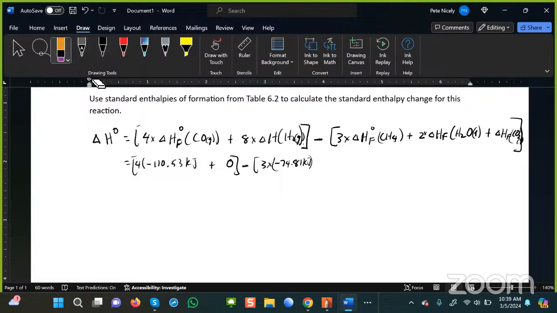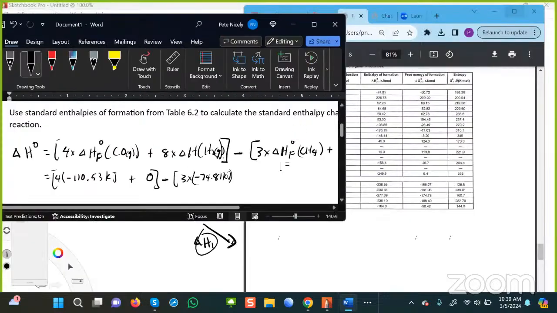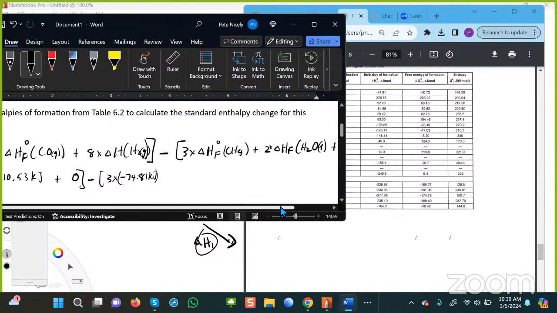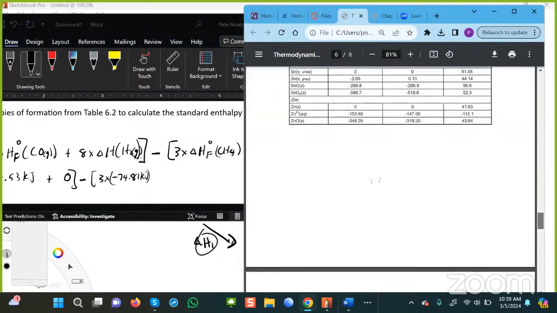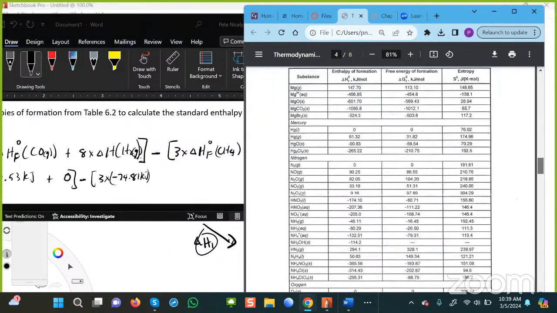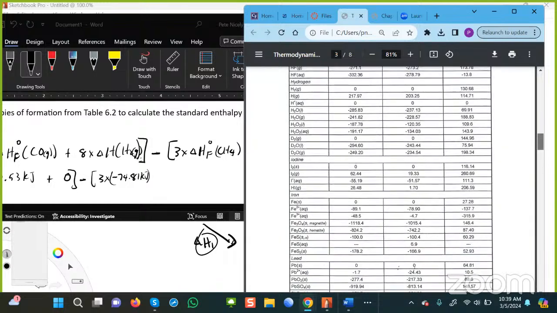Let me take out that square parentheses. Okay, going back to the table. Now I need to look up the value for the enthalpy of formation of H2O liquid. So going back to the table here, H2O liquid, minus 285.83.